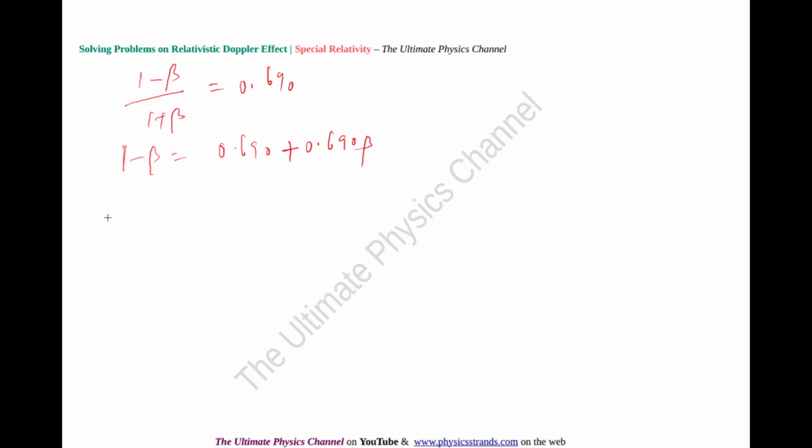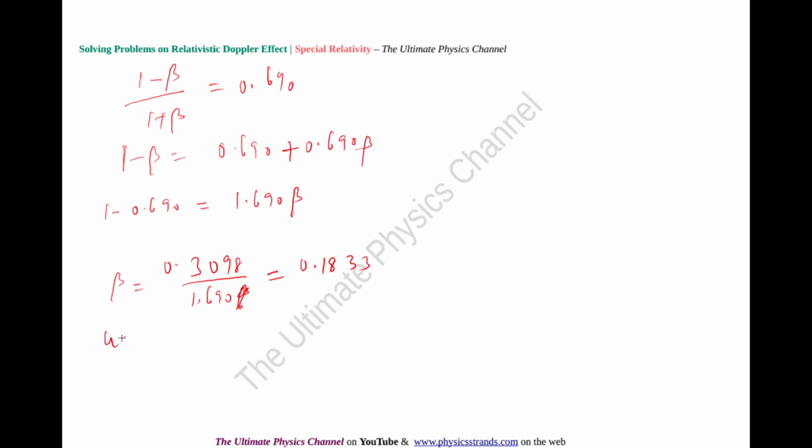Now if I take things to the other side, this is 1 minus 0.690. That would be equal to 1.690 beta. Therefore, beta would be equal to 0.3098, or yeah, so 0.310 over 1.690. That would be equal to 0.183.